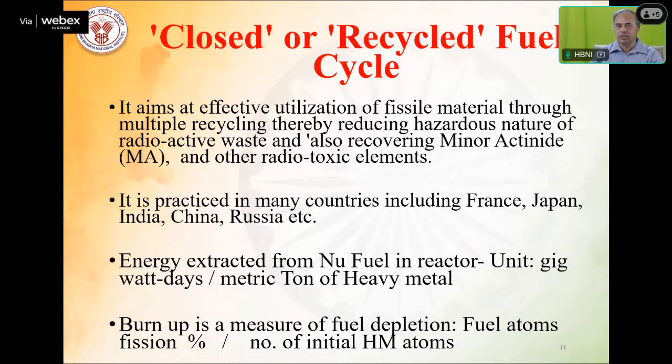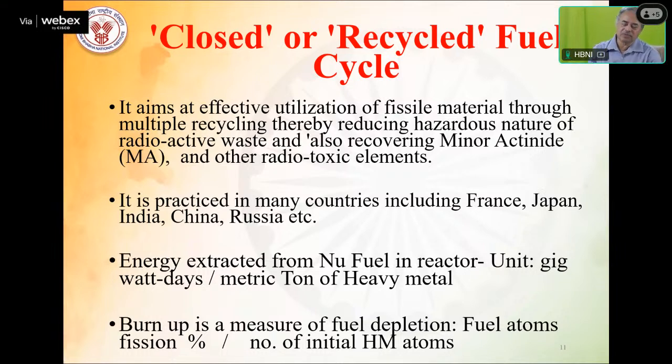You are using uranium plutonium as fuel in the fast breeder reactor. But in the reactor itself, further production of plutonium as well as U-233 from thorium takes place. So that is called breeder, because rather than consuming the fuel, it produces more fuel. So that is why again it can be reused. You have used twice, you can use next time, then next time also. So it is called closed and recycle, multiple recycling fuel cycle.